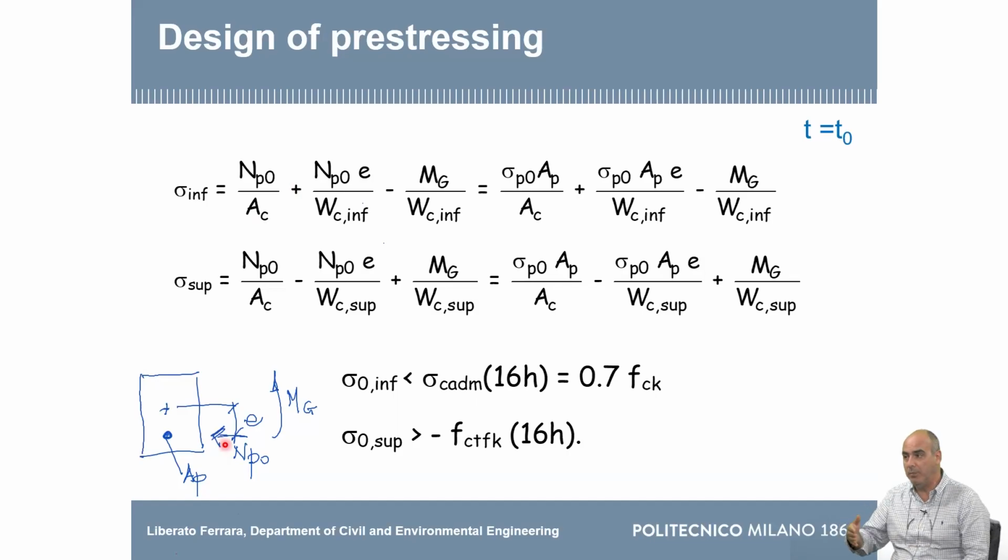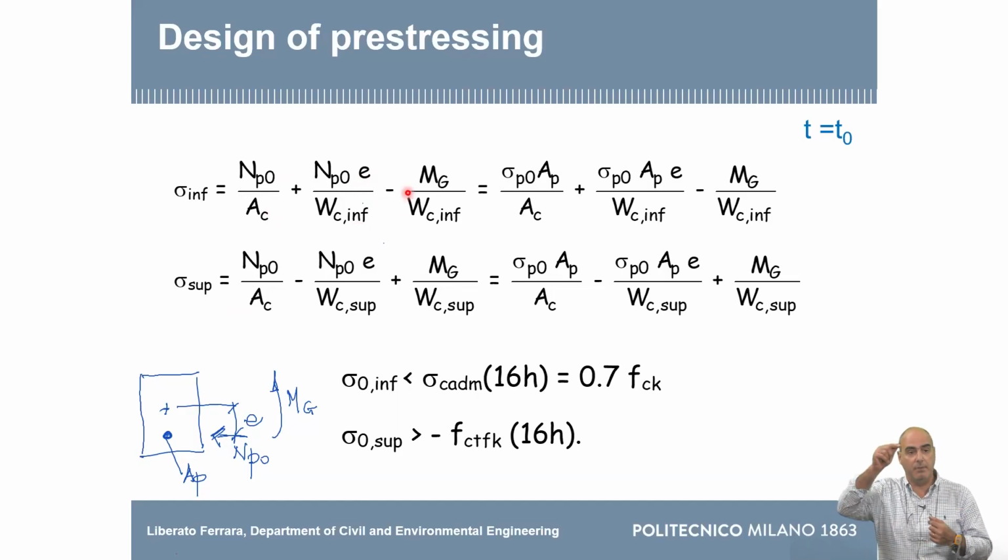And this bending moment effect is compressive on the bottom part of the cross-section and provides tensile stresses on the top. So I have the force plus the moment, NP0 times E, divided by the flexural modulus calculated for the bottom fiber. We have calculated it beforehand.